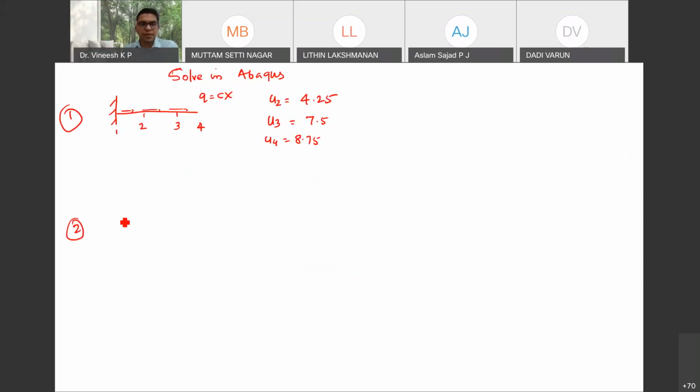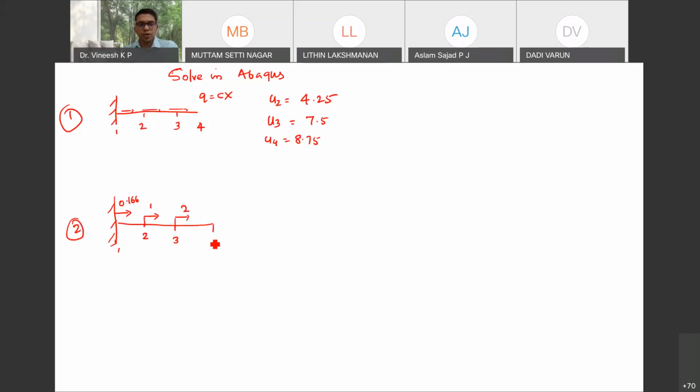Second case, what we did in Abaqus. Instead of applying a continuous load, we apply a nodal load. This is equal to 0.166. And on node 2, I am applying a force of 1 unit. And in node 3, I am applying a force of 2 units.